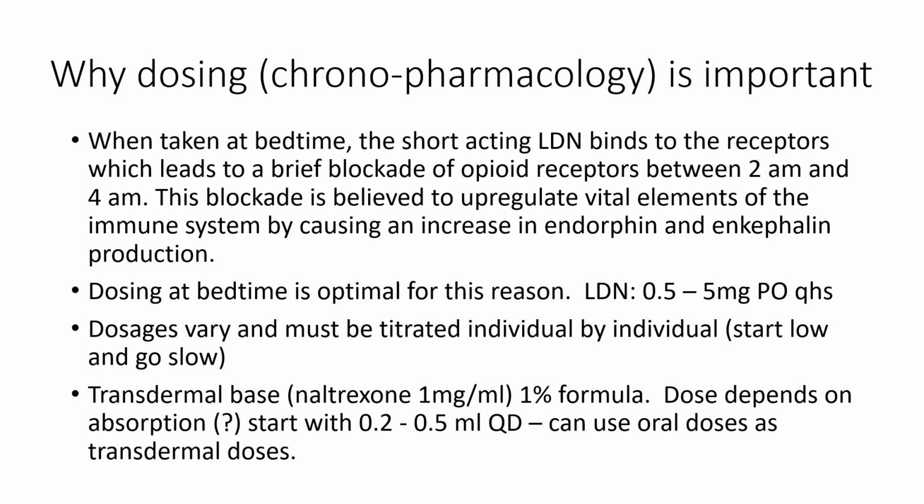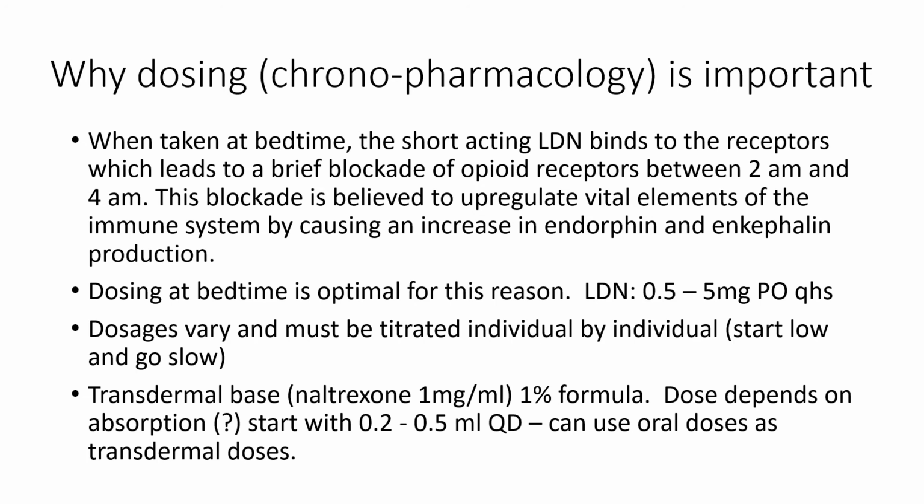It also increases production of LDN receptors or naltrexone receptors with this short blockade. Dosing at bedtime is optimal for this reason. So LDN is considered anything from 0.5 to 5 milligrams PO QHS.